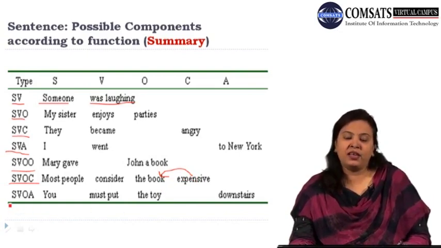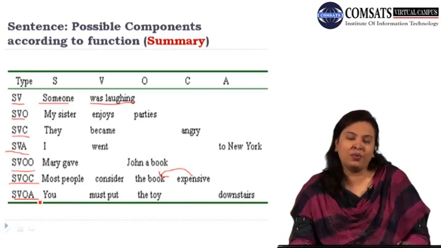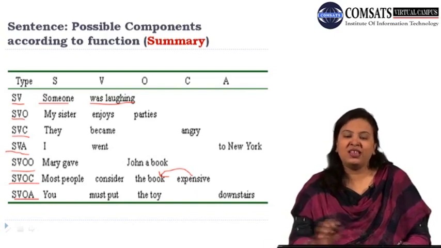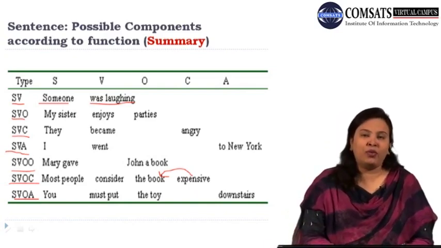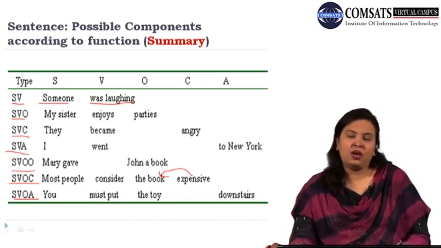Similarly, another possibility is subject, verb, object and adverb. You must put the toy downstairs. You, subject, must put, verb, the toy, object, and downstairs, I am telling the place, adverbial of place. So this is another combination. These are some possible components of sentences with respect to function.